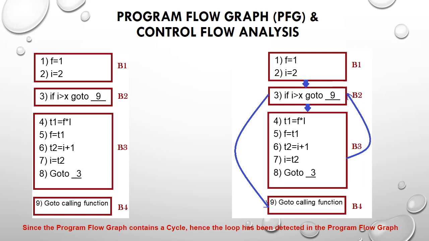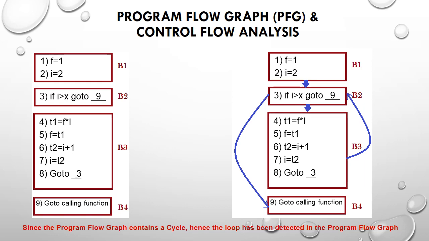So if we are detecting a cycle, it actually is a loop. So that's what our target was. We were doing the control flow analysis with the help of the program flow graph to find out the loops, because we have removed all the loops in the intermediate code generation phase.